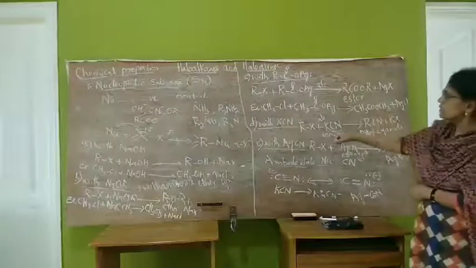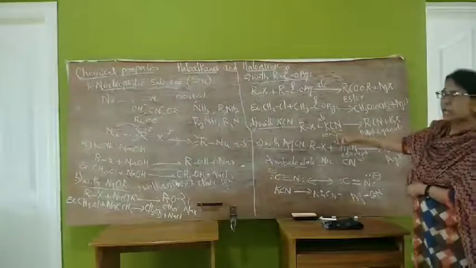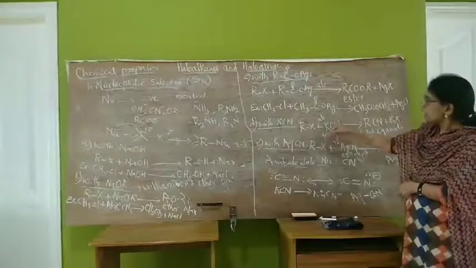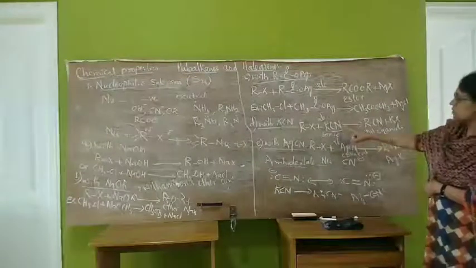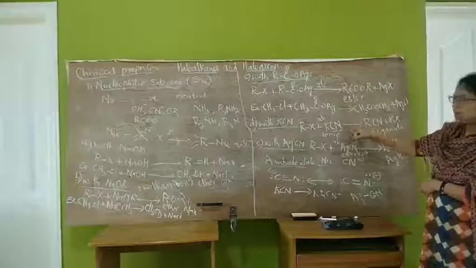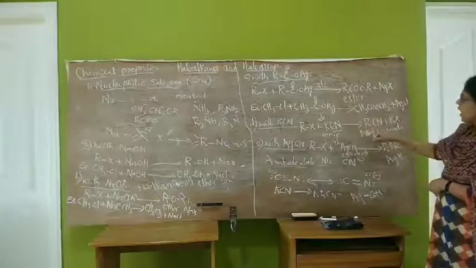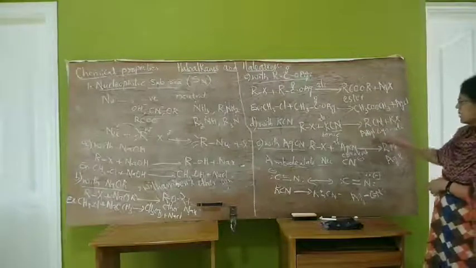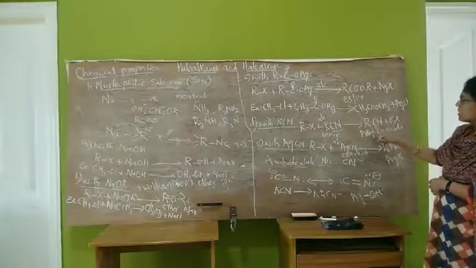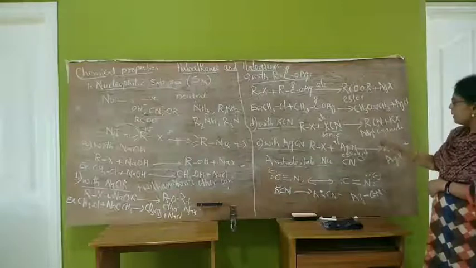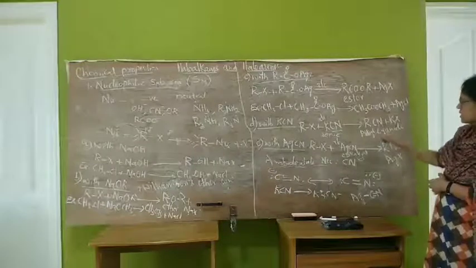The next reaction is with KCN, potassium cyanide. When alkyl halides are heated with alcoholic potassium cyanide solution, that is potassium cyanide in alcohol, we get alkyl cyanide as the major product. These two reactions are very important because here the use of an ambidentate nucleophile is there.